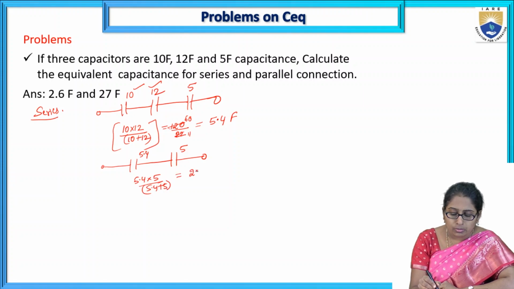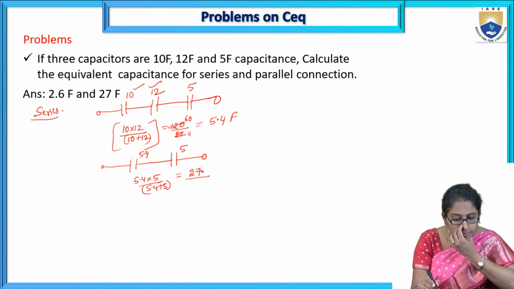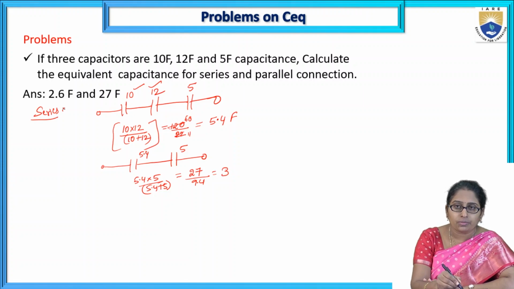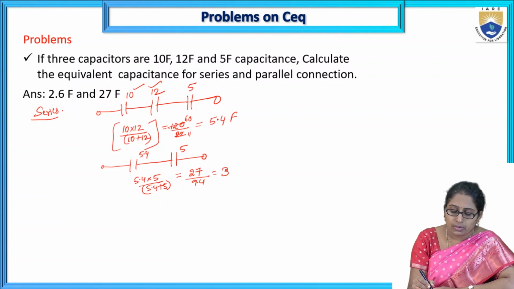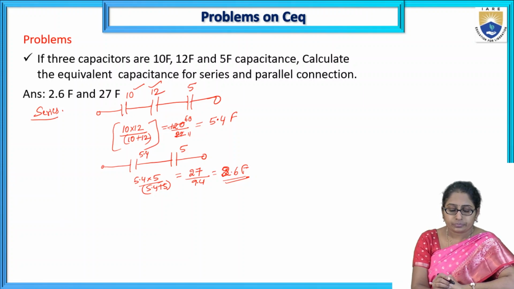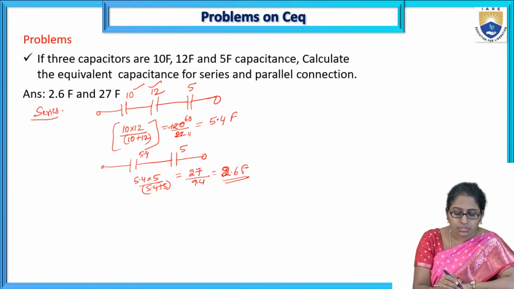The value is approximately 27 by 9, almost 3, but if we calculate exactly, we will get the answer 2.6. That is for the series connection, right?